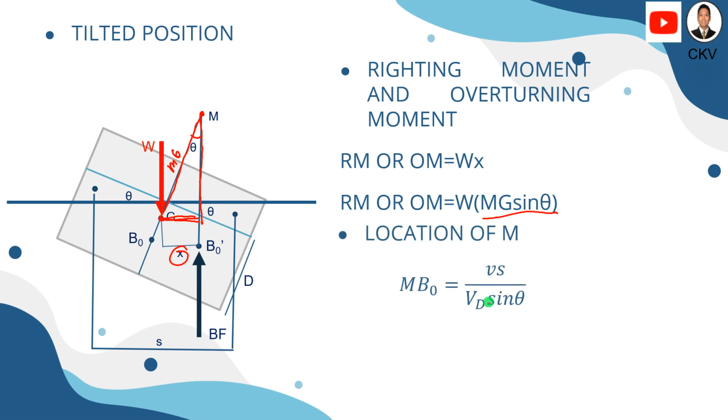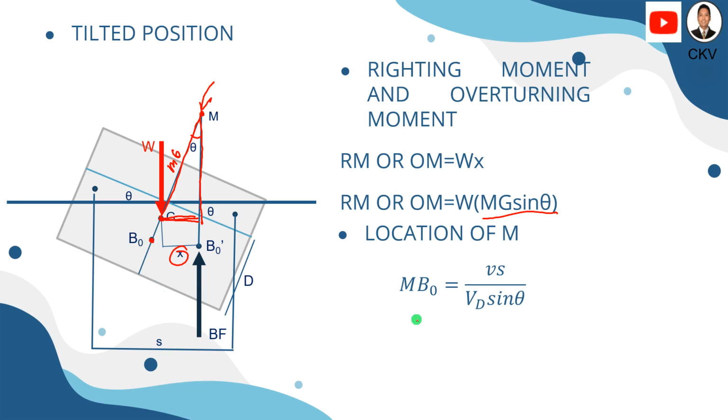To locate the metacentric height, or MG, we should first compute MBO, the distance from the metacenter to the initial center of buoyancy of the body.